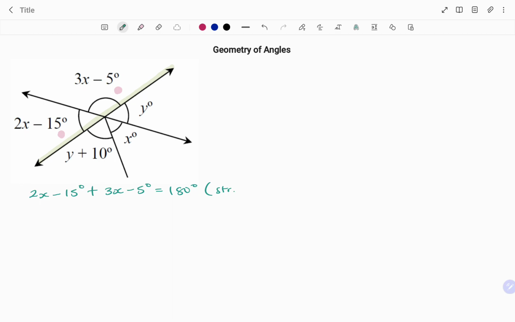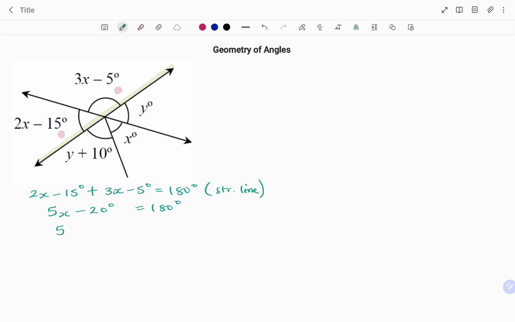The reason being angles on a straight line.